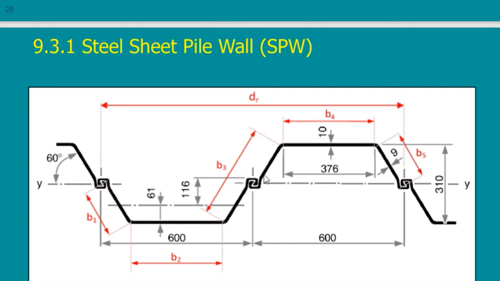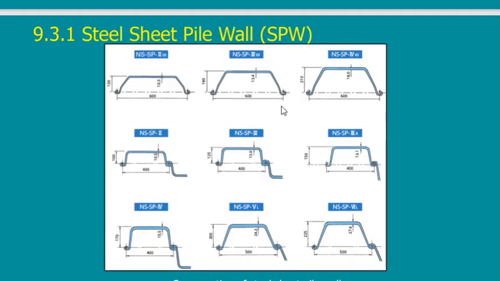You just take from this point to this point, this is one section, and from this point to this point, this is another section, and so on. These come in different types with different shapes and different dimensions. You just connect them together and push them inside the soil.